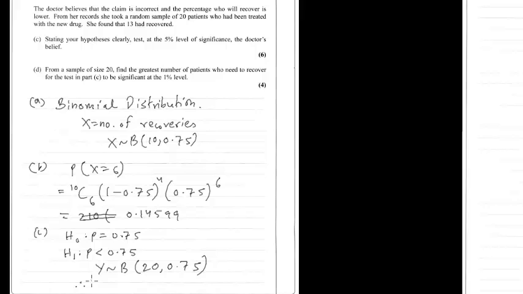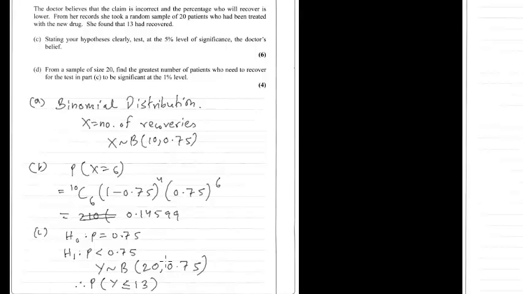Remember, the test is always going to match H1, so less than means Y has to be less than or equal to 13. That's how it works. Okay, state your hypotheses clearly and test at the 5% level, that is the threshold for rejecting H0. If this probability is below 5%, we have to reject H0 and the doctor's belief is supported.